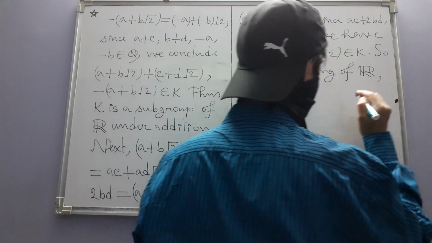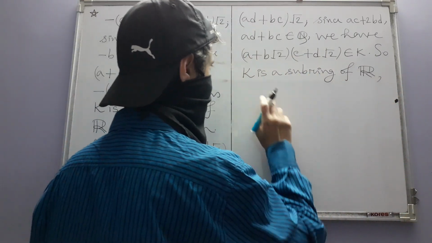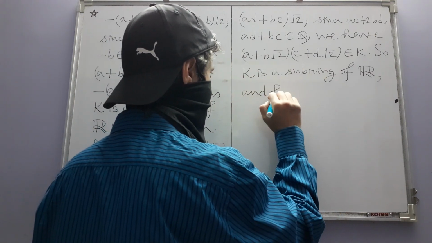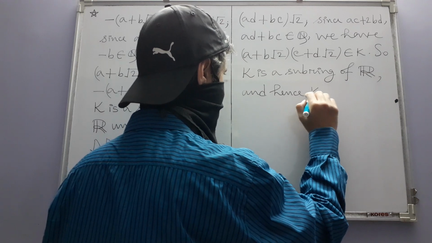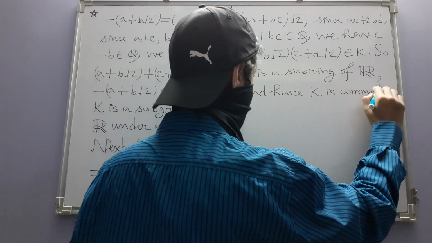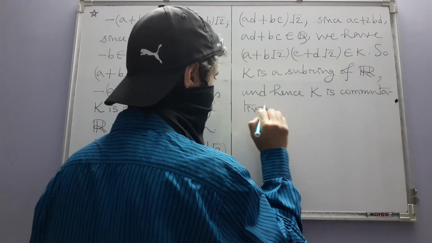So let's write about commutativity here itself, because we are just writing anyway. K is a subring of R, and hence K is commutative.